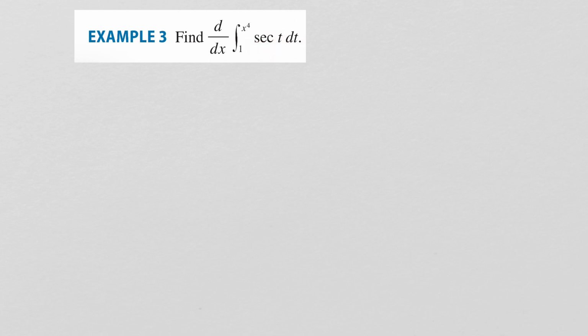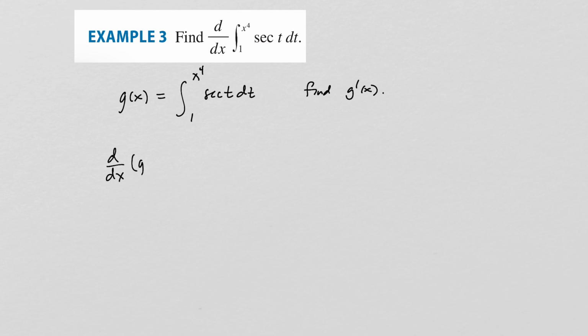Now, this would be the same as saying your function g of x is the integral from 1 to x to the fourth of secant of t dt, and then asking you to find g prime of x, okay? This would be the exact same problem, just worded slightly differently. So what we would do is we would take the derivative with respect to x of the left side and the derivative with respect to x of the right side.